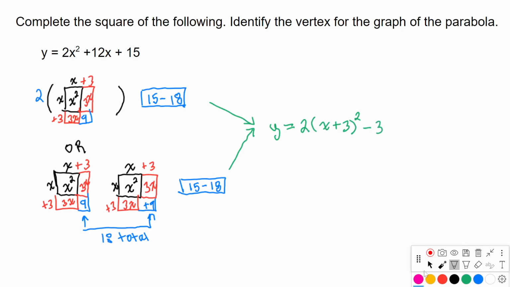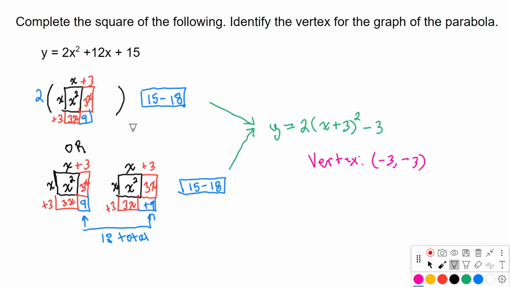And our vertex, if we graph this, is going to be -3, -3. It's just that because we had more than one square this time, we actually are going to have some stretch on our graph. This method works if the b value is odd. You'll just have decimal values that you're working with.